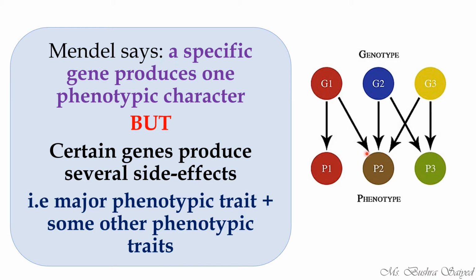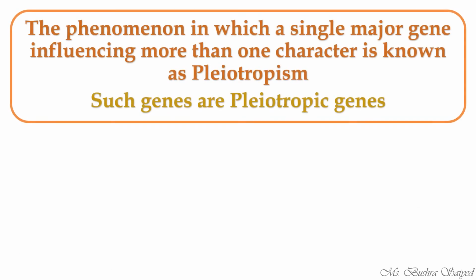It could be two, it could be three, it could be many. Moving on to the definition of pleiotropism: the phenomenon in which a single major gene influences more than one character is known as pleiotropism, and those genes which show the pleiotropic effect are known as pleiotropic genes.